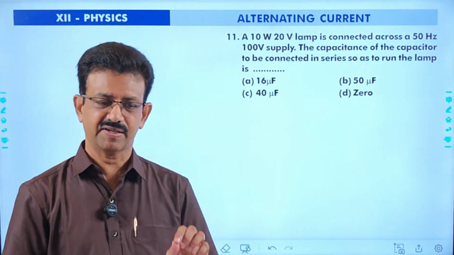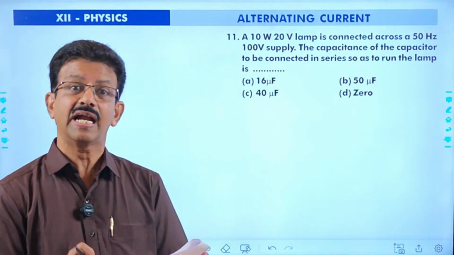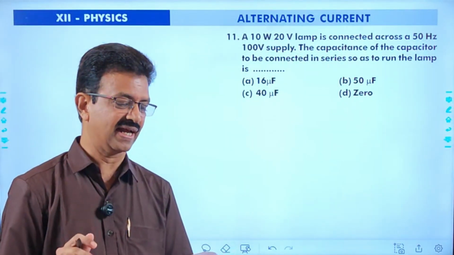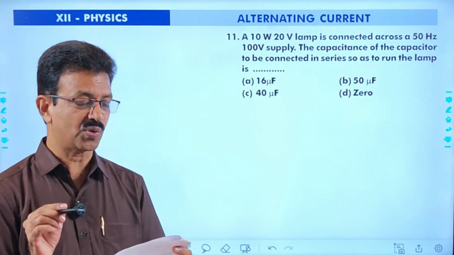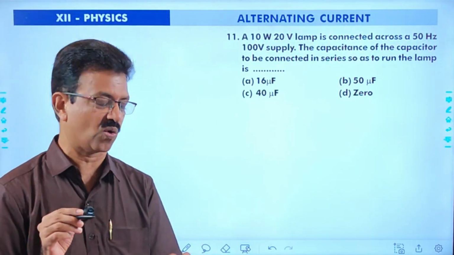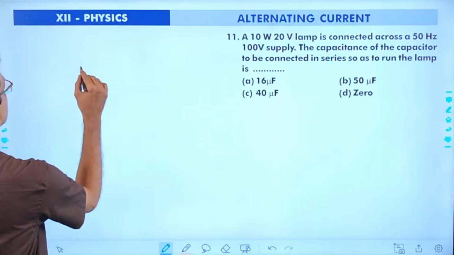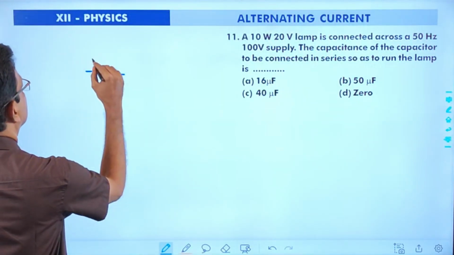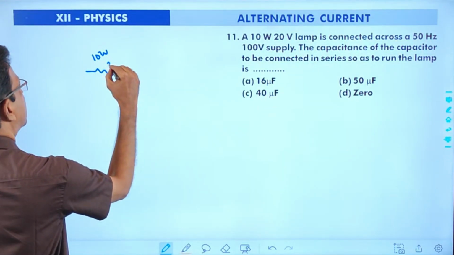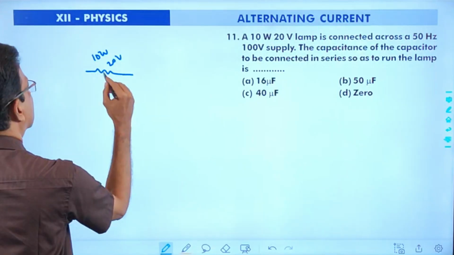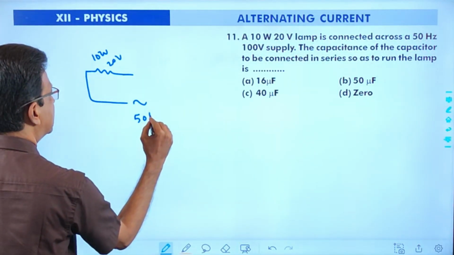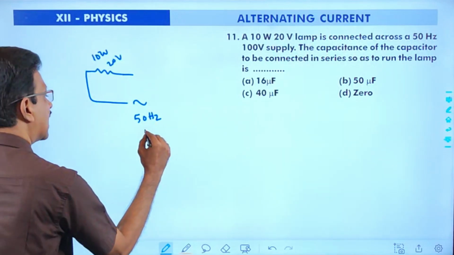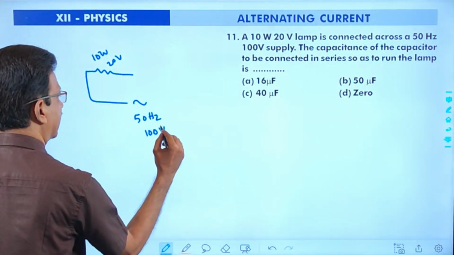Question number 11. It's a very good problem. A typical problem from the alternating current circuit. I'll read the question first. A 10 watt 20 volt lamp is connected across a 50 hertz 100 volt supply.